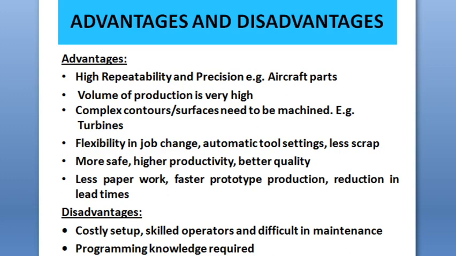It can make complex surfaces that need to be machined, for example turbine blades. Flexibility in job change, automatic tool settings, less scrap, more safety, better quality of components can be produced. It has less paperwork, faster prototype production, and reduction in lead times.